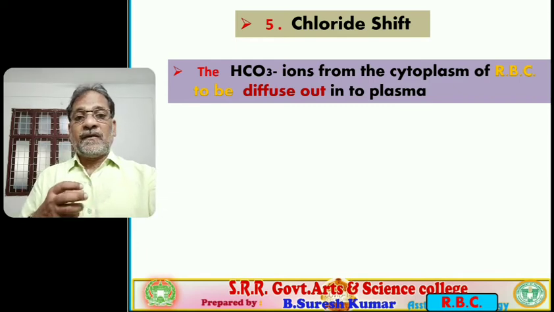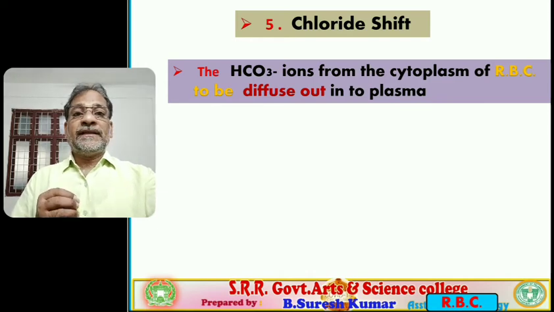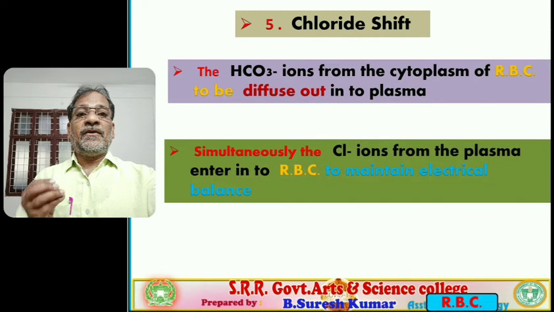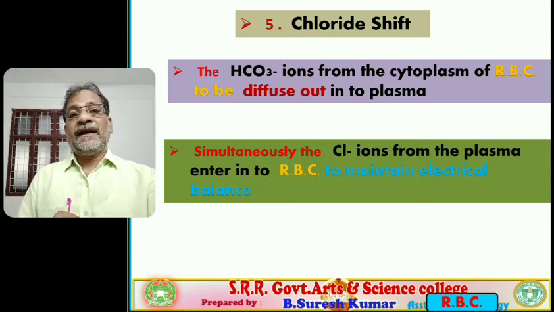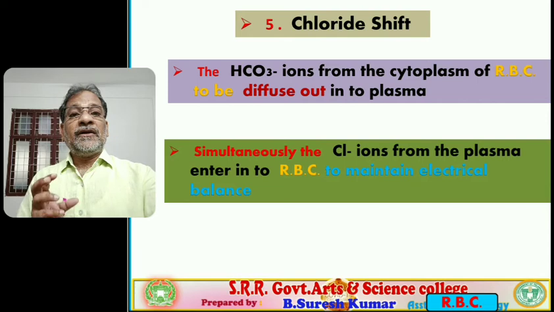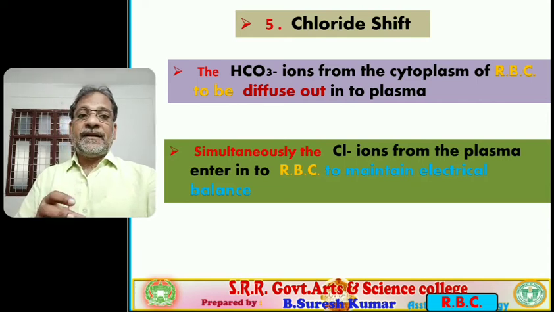To compensate for that, the same amount of chloride minus ions simultaneously shifts from plasma into the RBC to maintain the electrical balance. Follow, students?